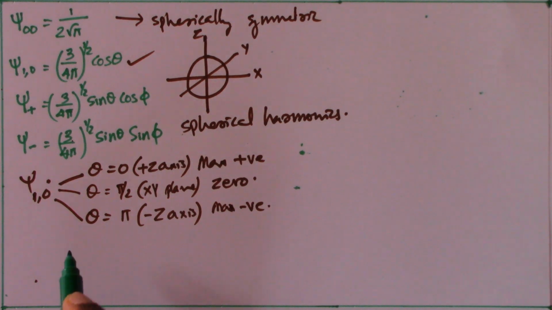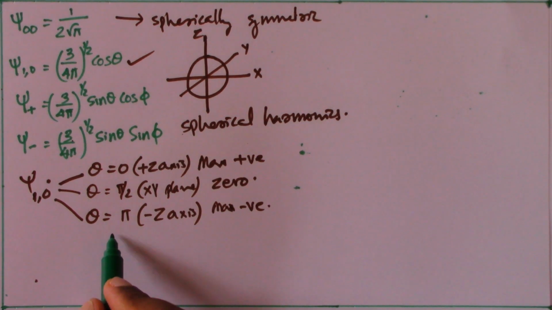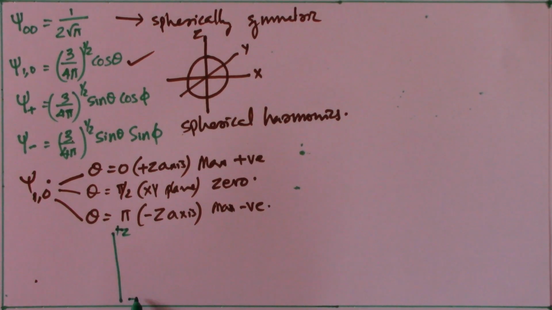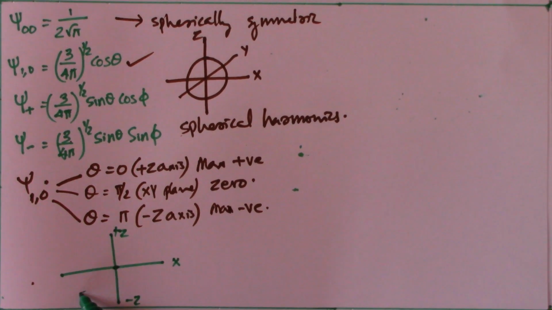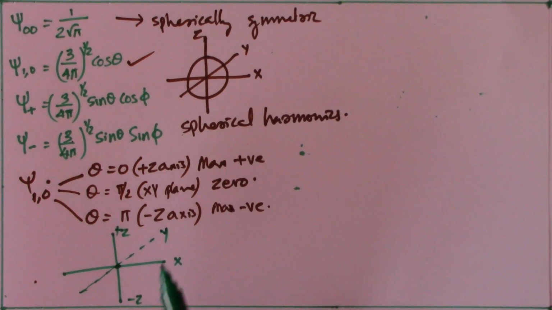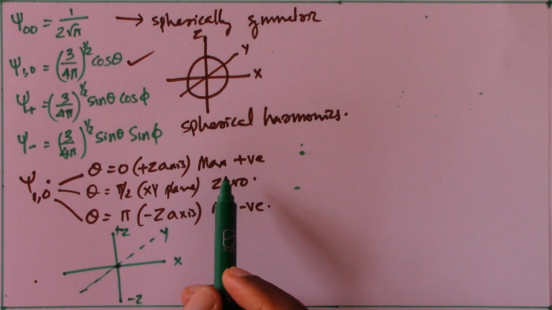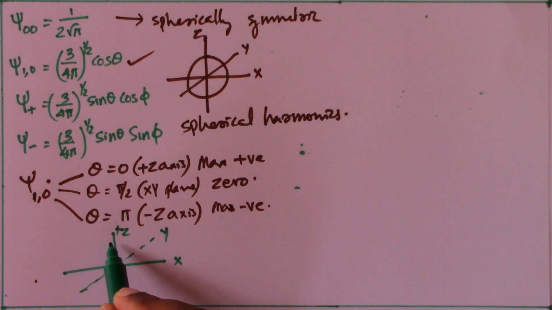Okay, so let me draw the z axis here. This is the z axis, that is the plus z axis, and this is the minus z axis. The coordinate origin is here, and this is the x axis, and perpendicular to that there is the y axis. Our function gets the maximum positive value in the plus z axis, that is here.